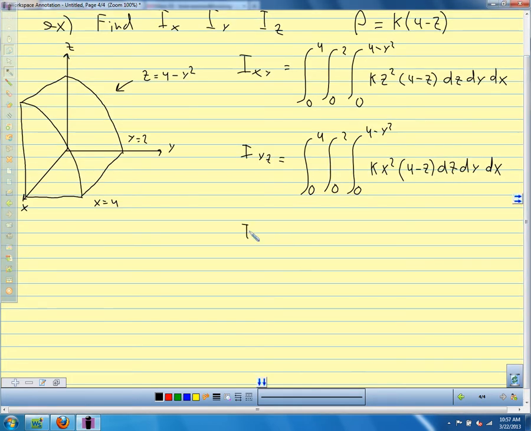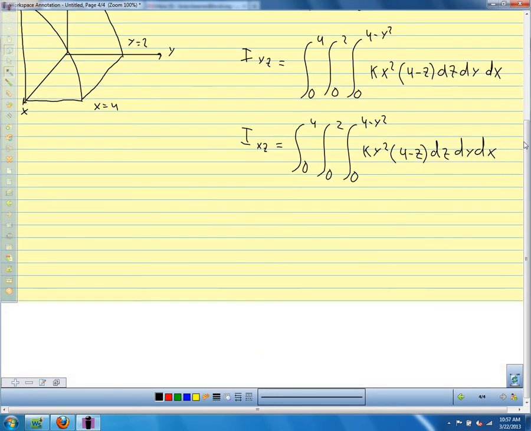And our moment about the xz plane: 0 to 4, 0 to 2, 0 to 4 minus y squared, ky squared, 4 minus z, dz dy dx. Polynomials to evaluate these integrals, maybe a little tedious, but not difficult.